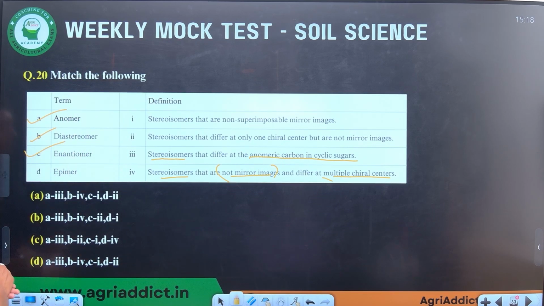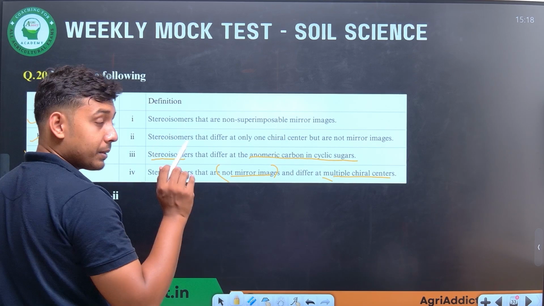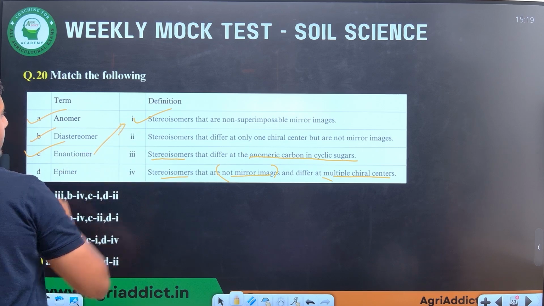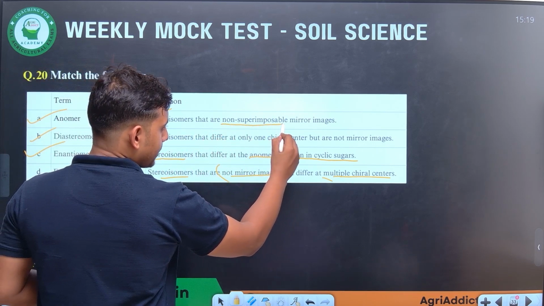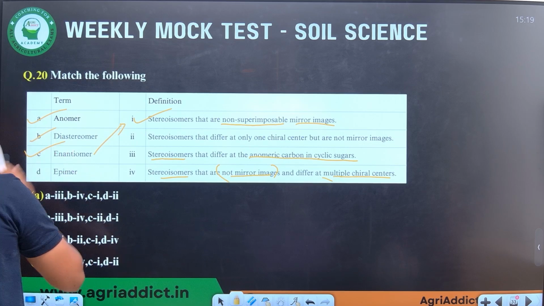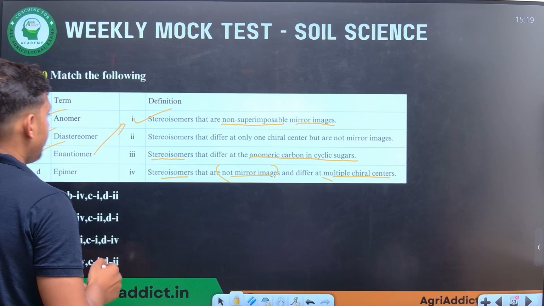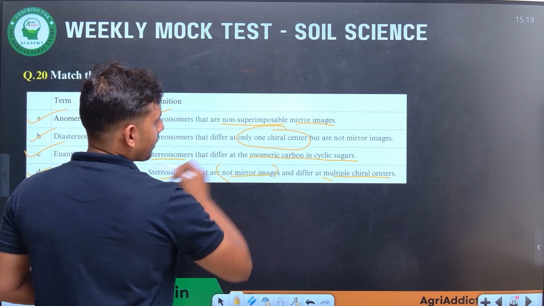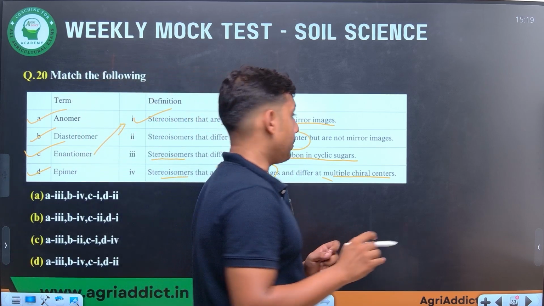What is an enantiomer? These are stereoisomers that are non-superimposable mirror images. This is an enantiomer. And what is an epimer? An epimer is a stereoisomer that differs at only one chiral carbon, and they are not mirror images.